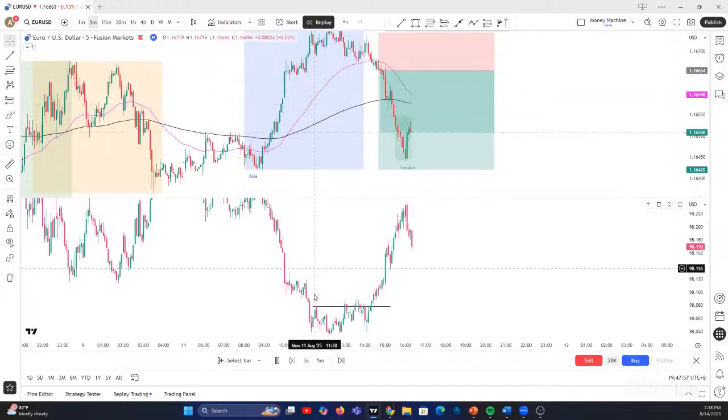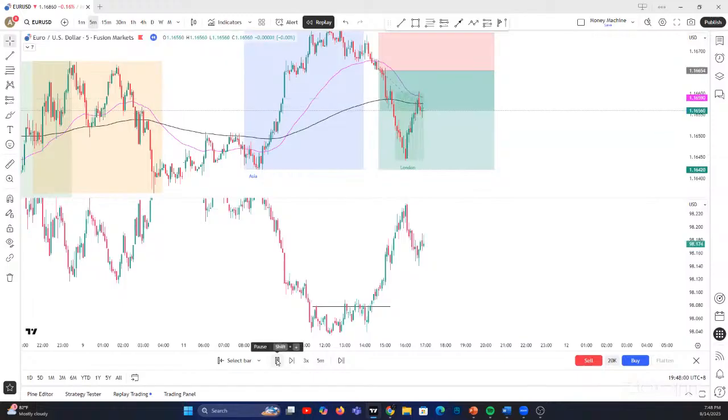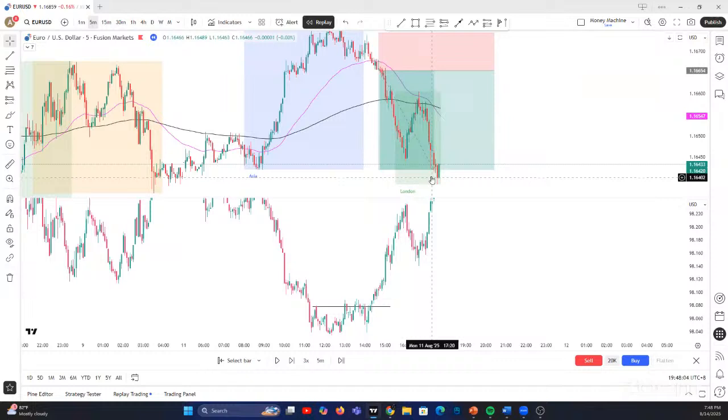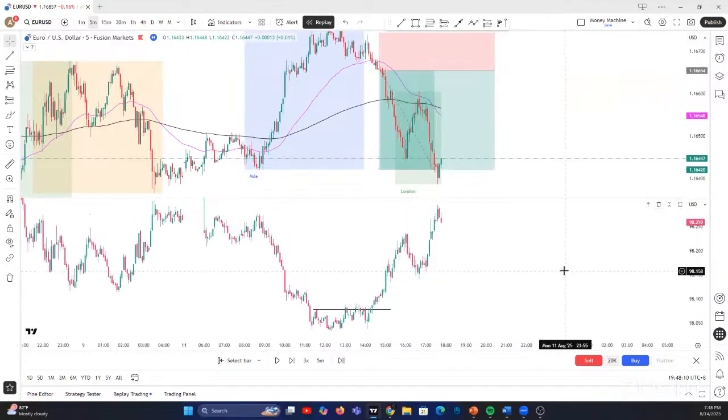You see, my friends? There, it hit your take profit. How nice, huh? How nice you'll just use DXY to get the trend of the asset you are trading.